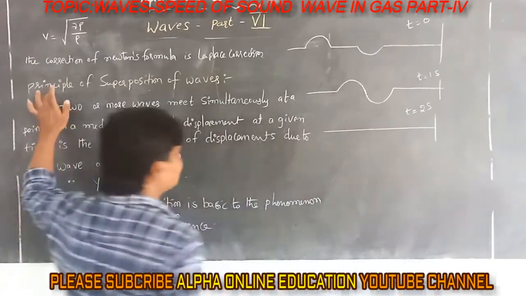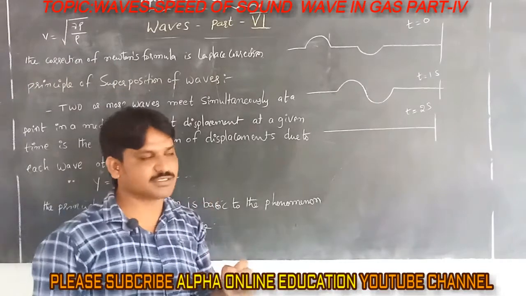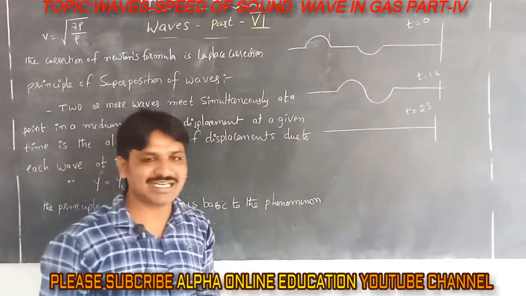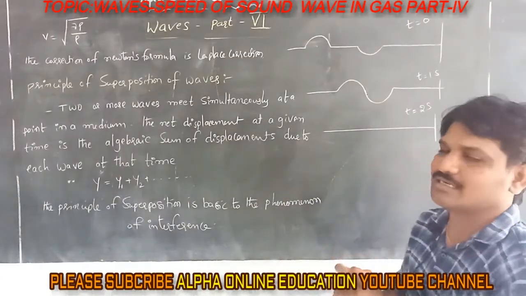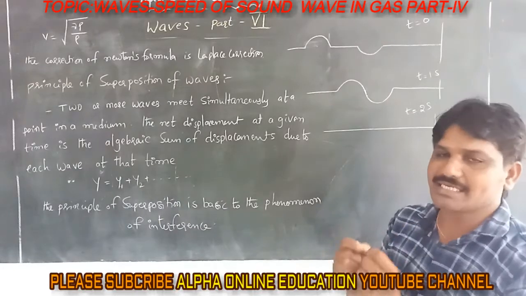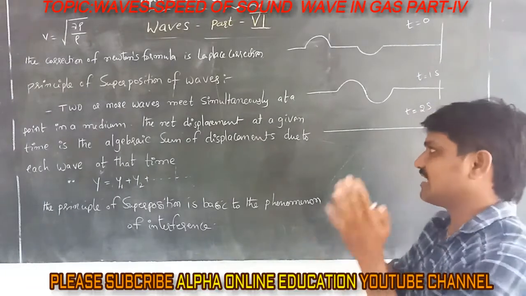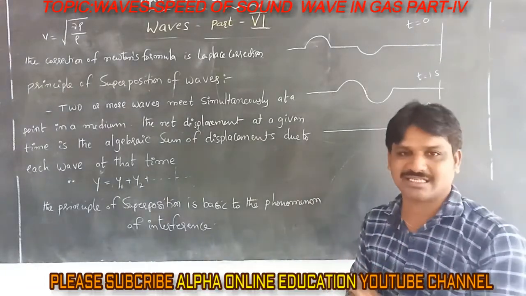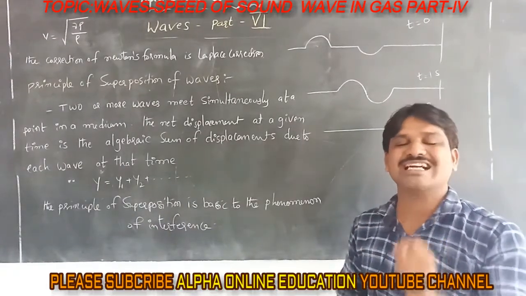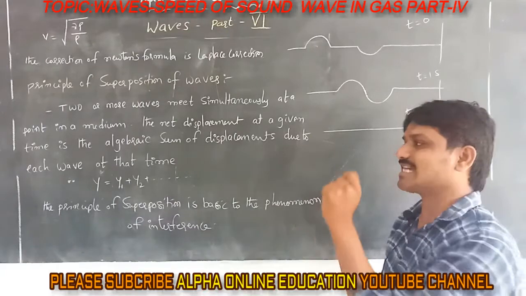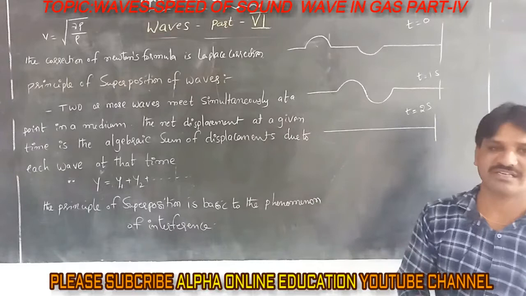Whenever two or more waves simultaneously meet at any point in a medium at a given time, the net displacement at that time is equal to the algebraic sum of the displacements due to each wave.